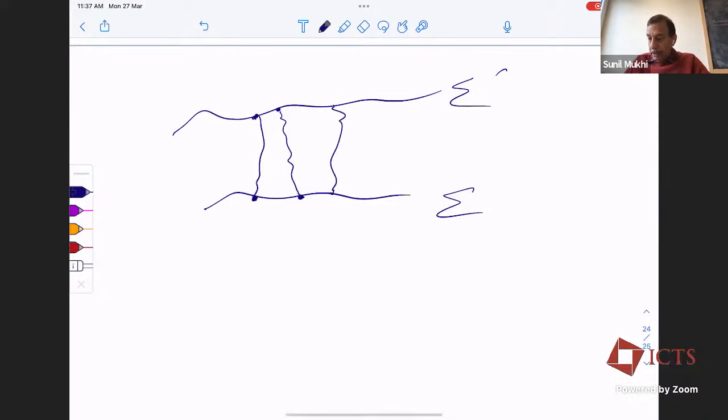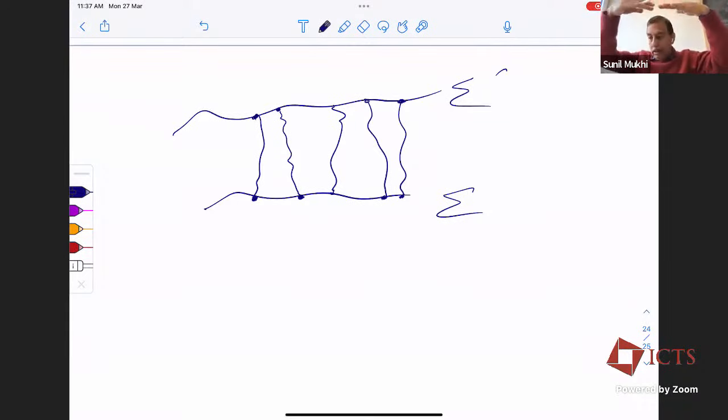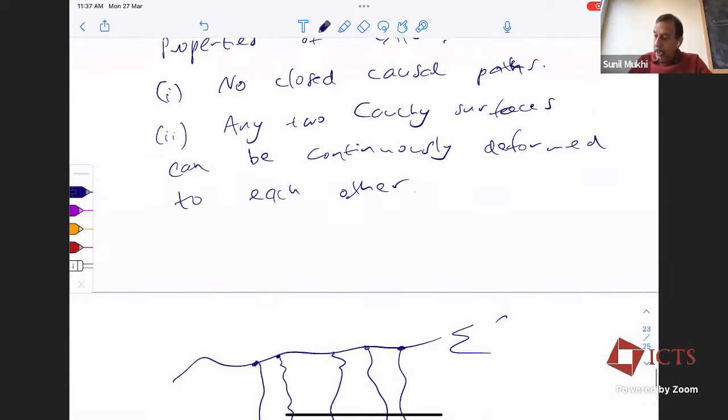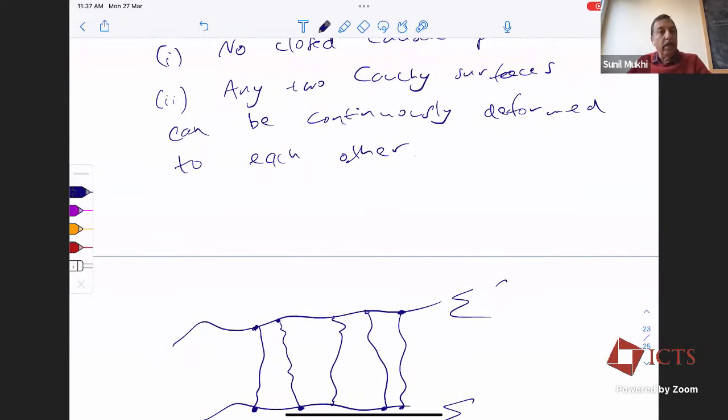So not necessarily straight or parallel, but absolutely smoothly, you set up a family of curves that are all causal and therefore preserve the properties of sigma prime as you deform it. And now once you have this family of curves, you have a way to smoothly move sigma prime along those curves. So they are some kind of integral curves of a vector field, and Witten sets that up very precisely. Okay, and so this shows that any two Cauchy surfaces can be continuously deformed to each other.